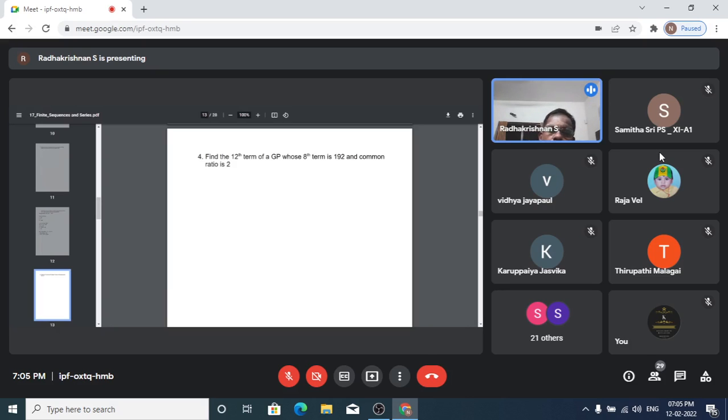Since we know the 12th term and 8th term, சார் ஃபர்ஸ்ட் டைம் கண்டுபிடிச்சிட்டு அடுத்த 12th டைம்க்கு அப்ளை பண்ணனும் சார். Okay. So கண்டுபிடிக்க முடியுமா இதுல first term? எஸ் சார். Yeah. Work out and tell me.